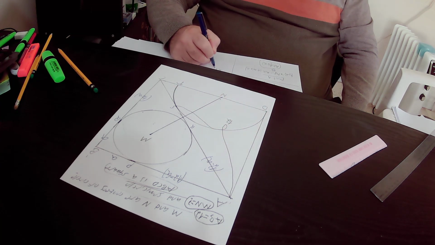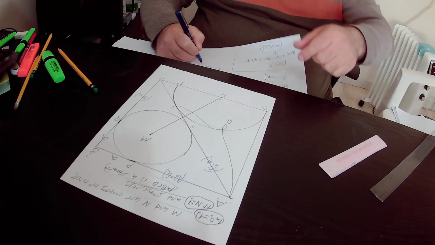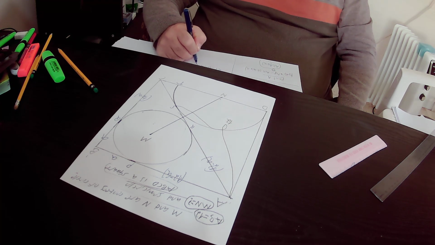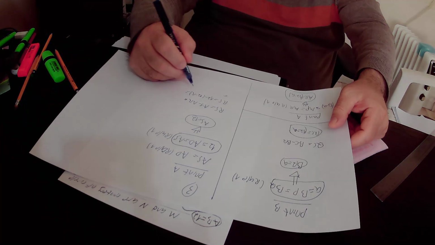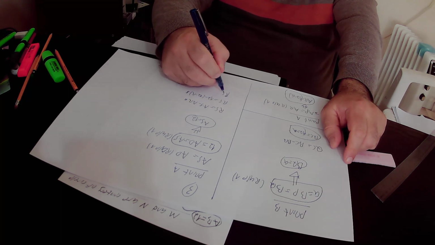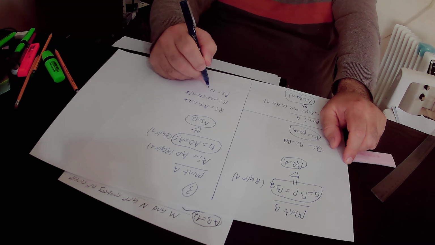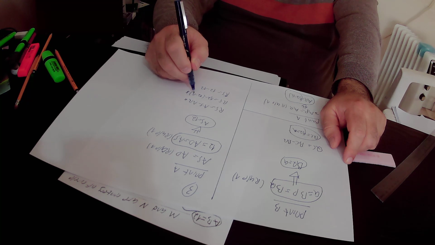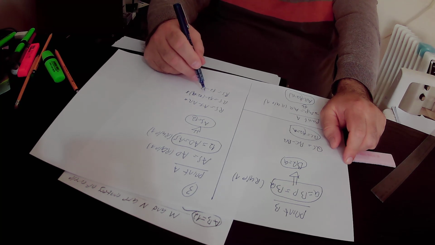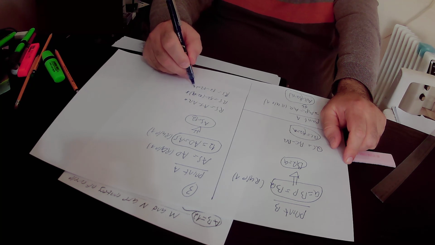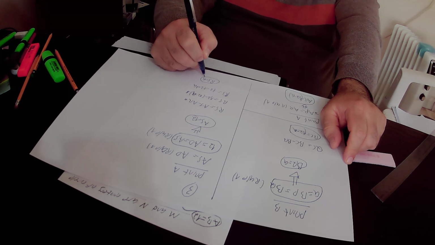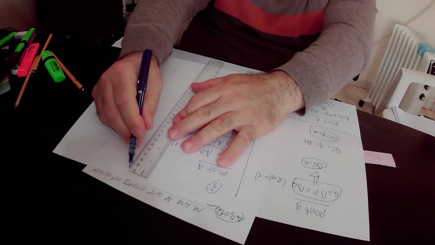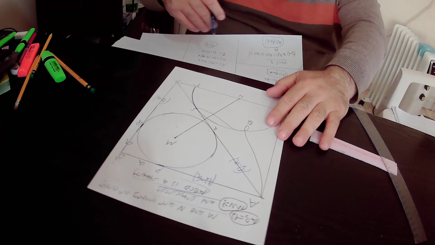So RS equals AS, that is 12, minus AR, that is 12 minus A. So RS equals 12, we'll open the brackets here, minus 12 minus A, and minus and minus is plus. 12 minus 12 is 0, and minus and minus is plus, so it is plus A. So in conclusion, we found out that RS is equal to A. Okay, RS equals A. You can write here that RS equals A.